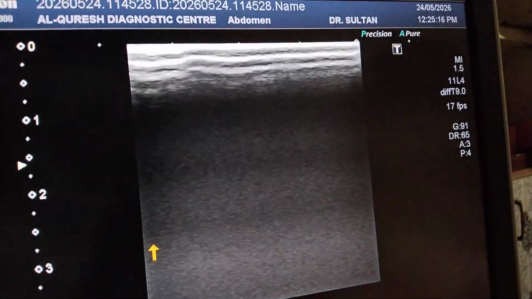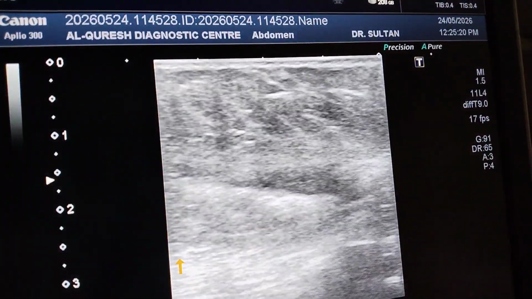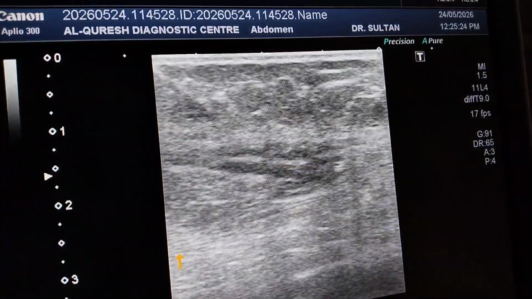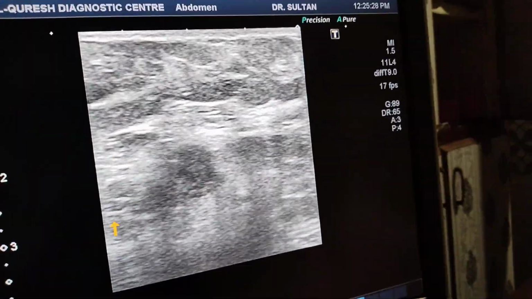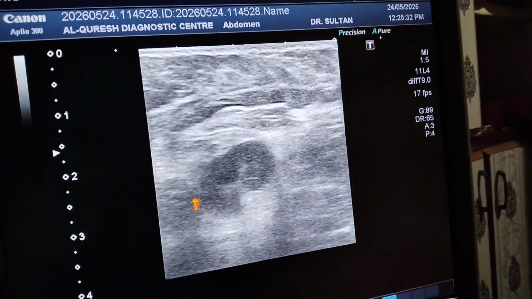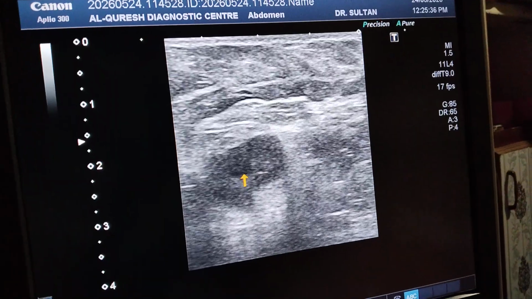And now I'm going to scan the axilla, and we can appreciate the lymph node within the axilla. Look here, this one.